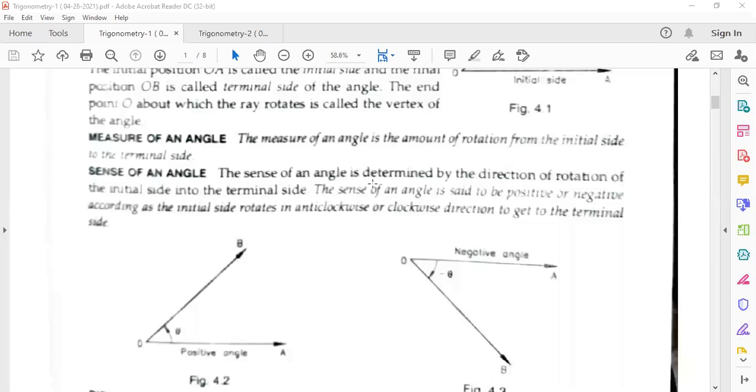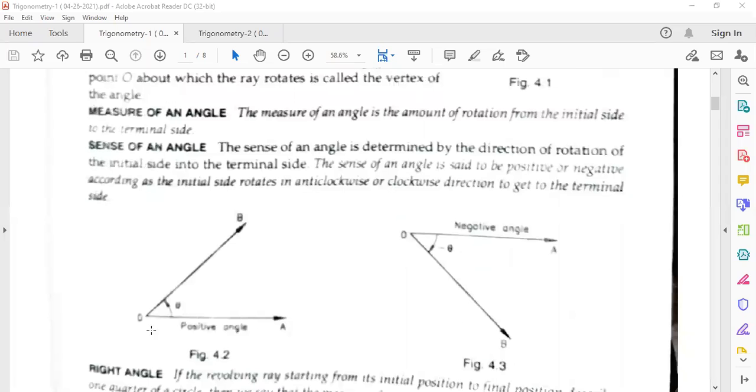The sense of an angle is determined by the direction of the rotation of the initial side into the terminal side. The sense of an angle is said to be positive or negative according to whether the initial side rotates anticlockwise or clockwise. If it rotates anticlockwise, then the angle is a positive angle. If the direction is clockwise, then it is called a negative angle.